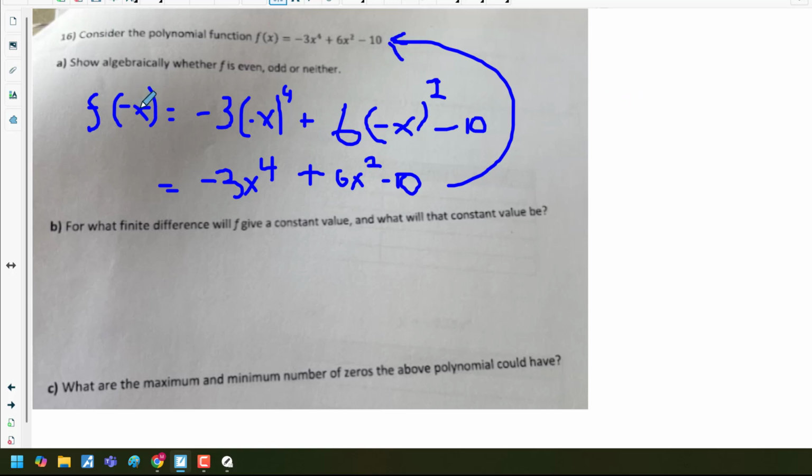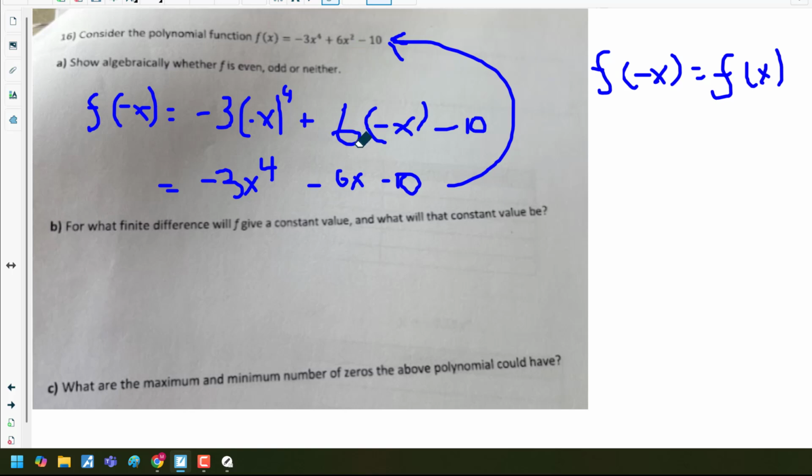So whenever you evaluate f of negative x, and it's equal to the original function f of x, that is the definition of an even function. If it would be different, let's say this exponent was 1, then this would be negative 6x to the power of 1, right?